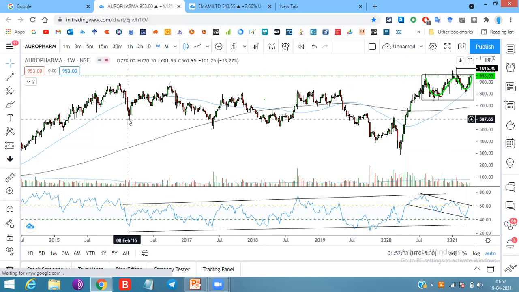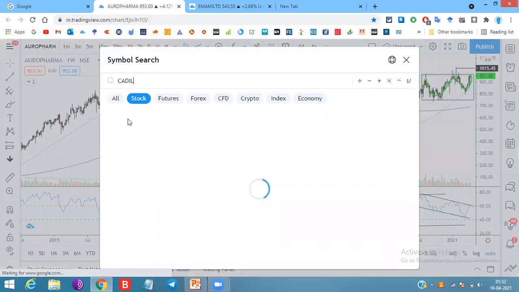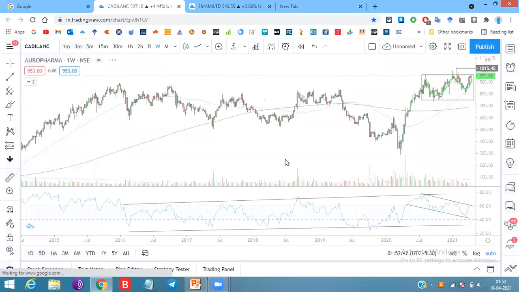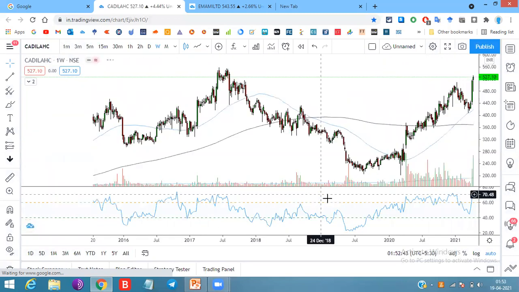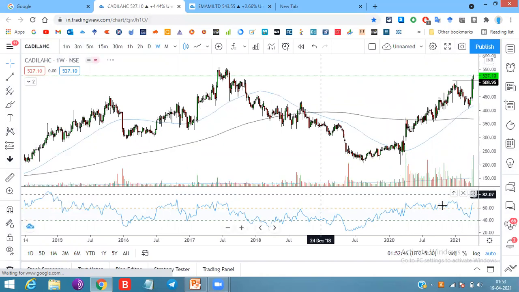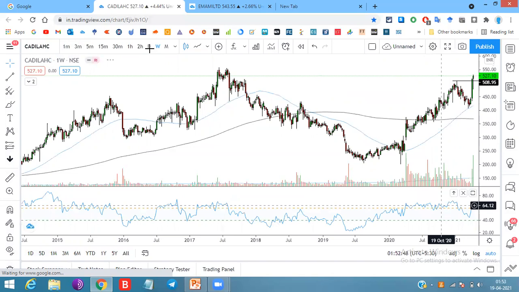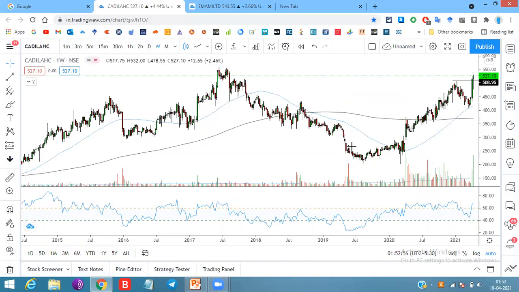Let me do it fast now. Cadila. Hmm, in the weekly chart I do see one channel, but it doesn't make that much sense.